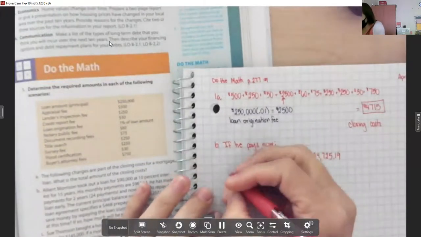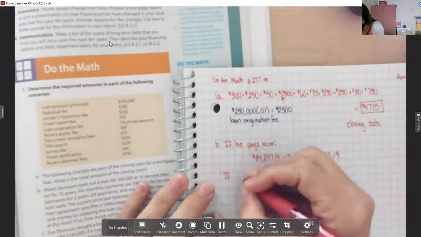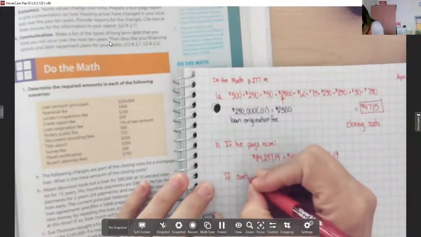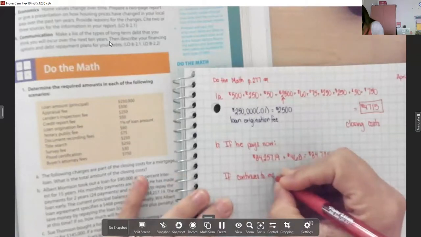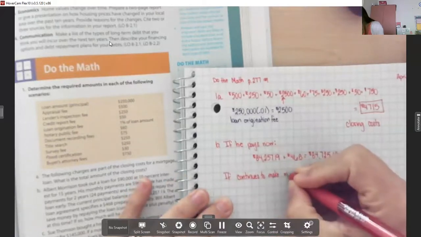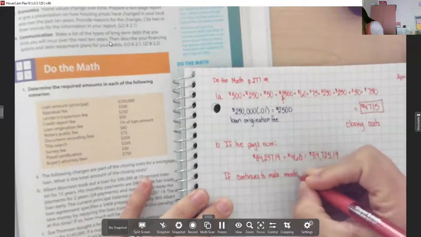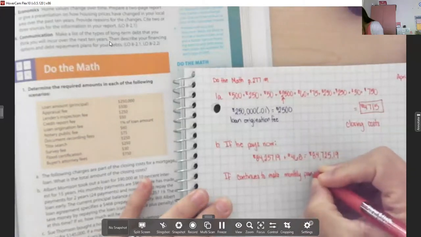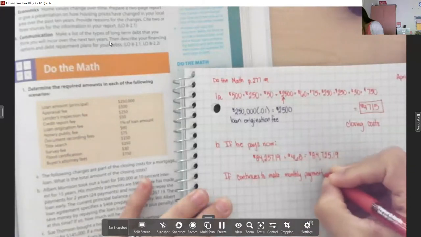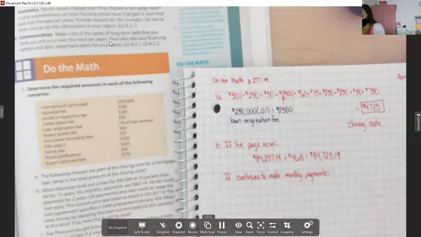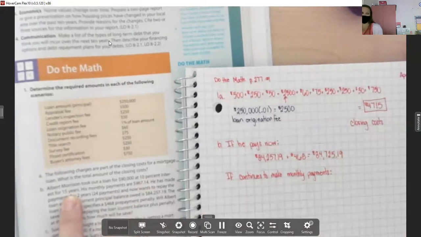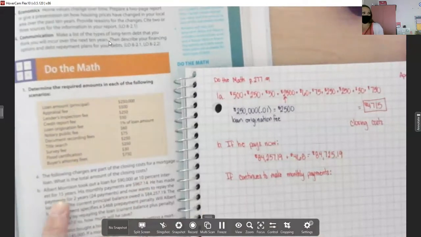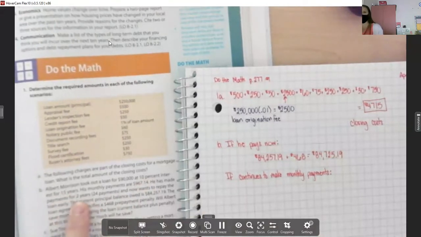So if he continues to make monthly payments, his payments are $967.14. He got this for 15 years. Sorry, it's kind of blurry, but he's already paid for 2 years.